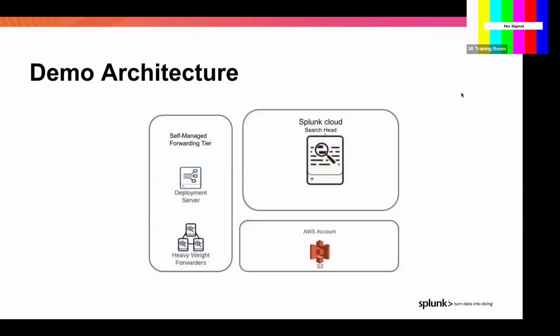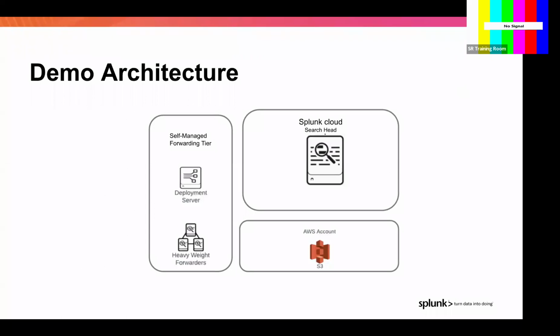So before starting with the demo, I wanted to talk about the Splunk architecture I will be using for the demo. I have a forwarding tier setup, which has a deployment server managing some heavyweight forwarders. And I have an indexing tier, which consists of an indexer cluster and a single searcher, which is using Splunk Cloud.